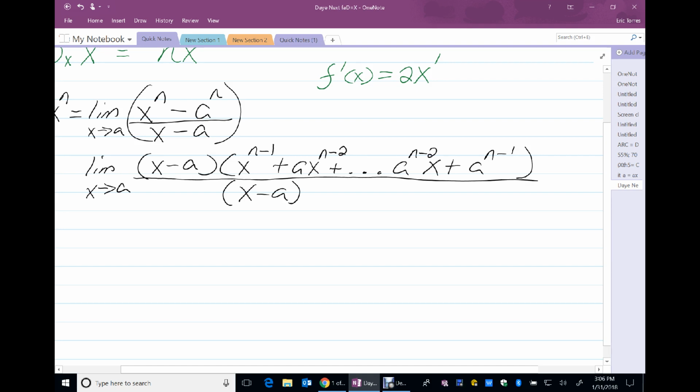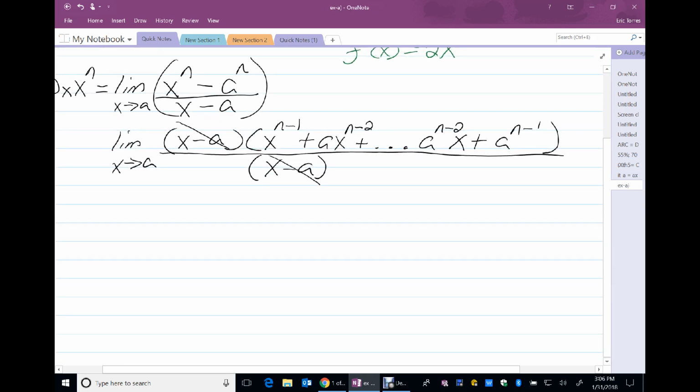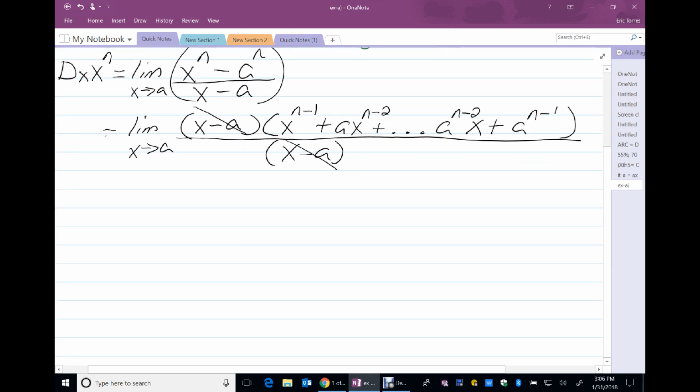And now I can reduce my fraction, and I'm just going to rewrite this. What's really important here at this point is to recognize how many terms I have. There are actually n terms in this pattern.